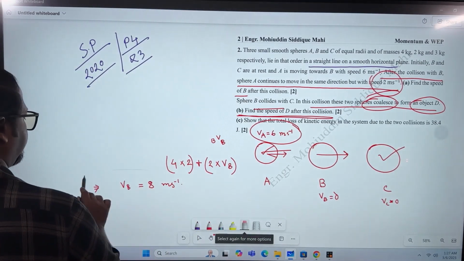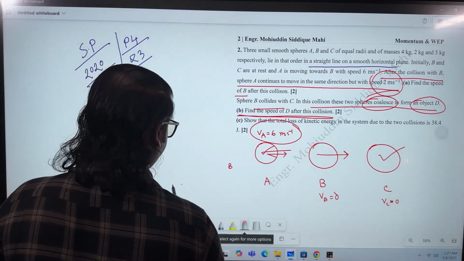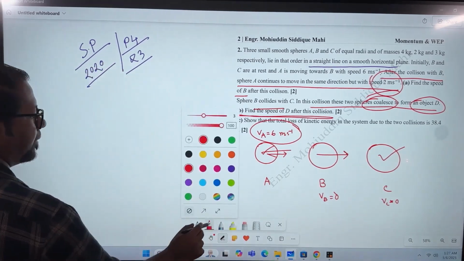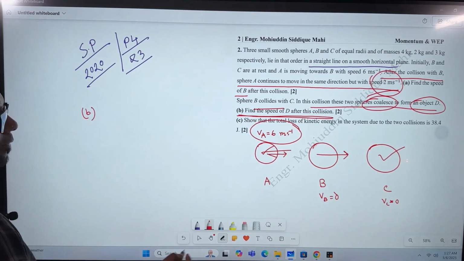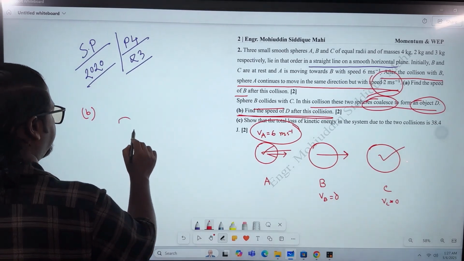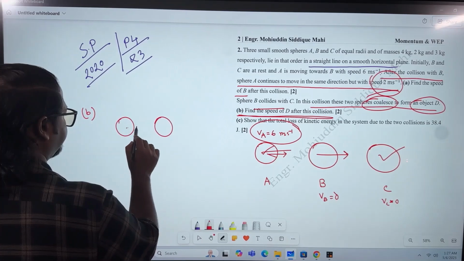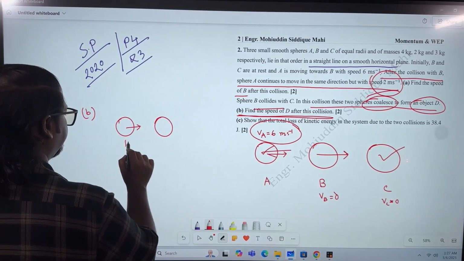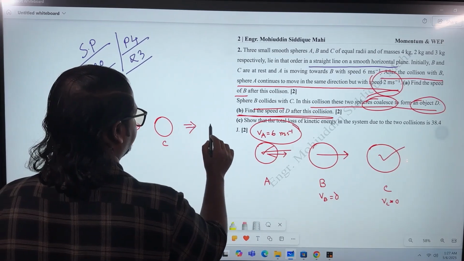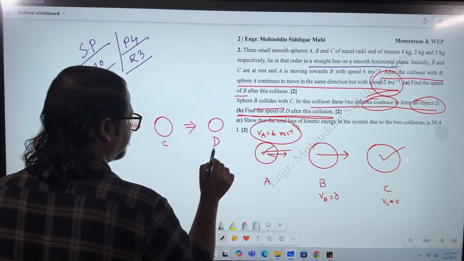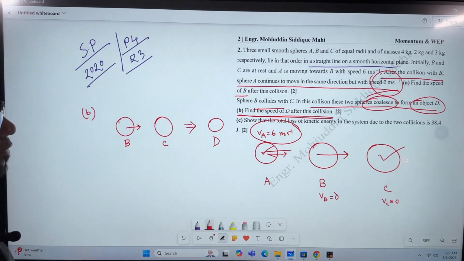Okay, so let's see how to solve it. For B and C, after collision, there will be a single object D. So again, law of conservation of momentum.